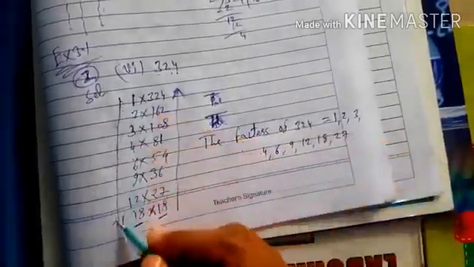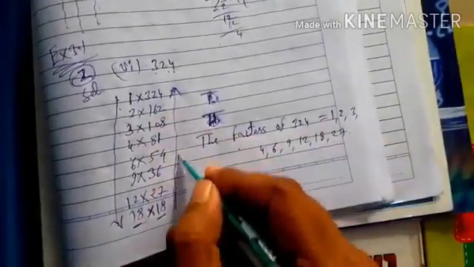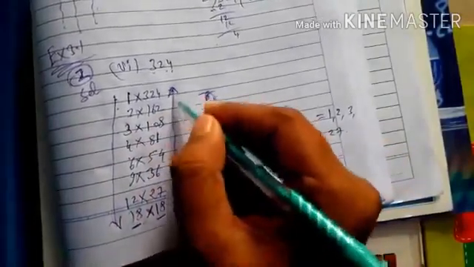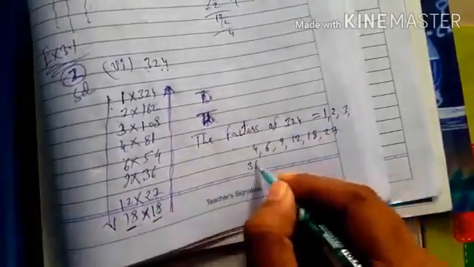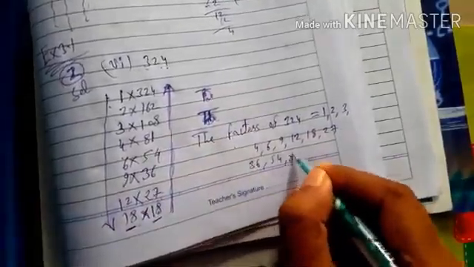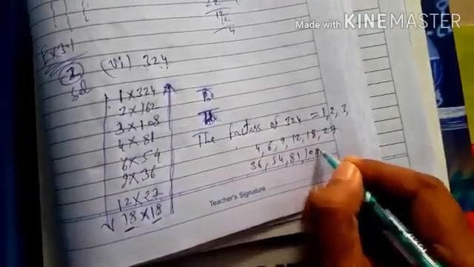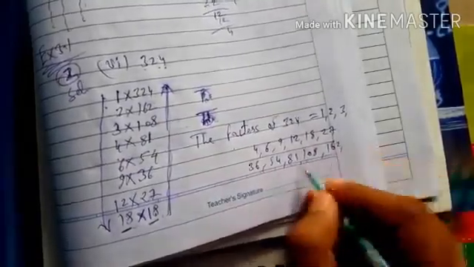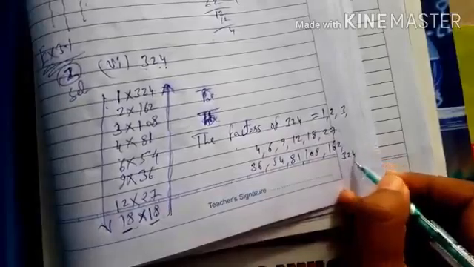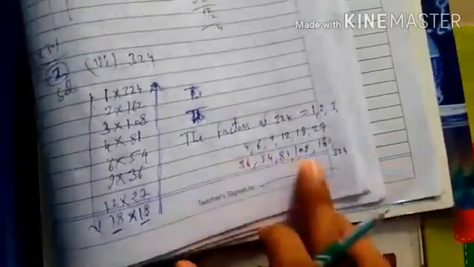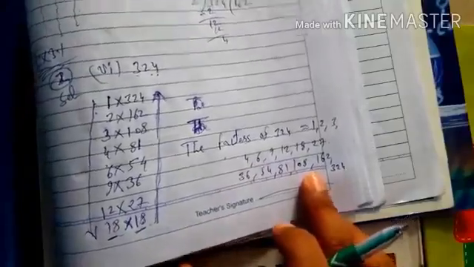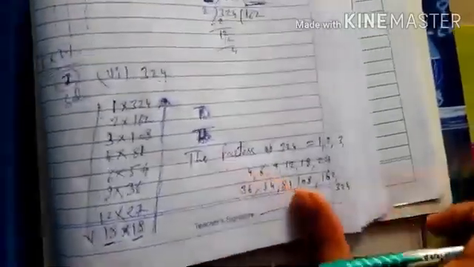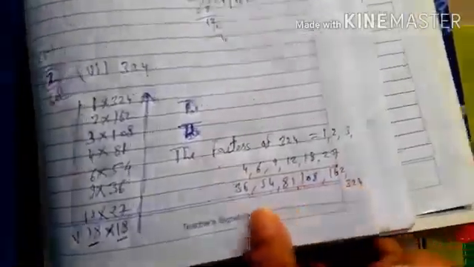Write it this way and follow from top to bottom to top: 18, 27, 36, 54, 81, 108, 162, and the last one is 324. This is a big question, so we discuss it, and all the other questions are very simple, so you solve them and write in your fair copy.